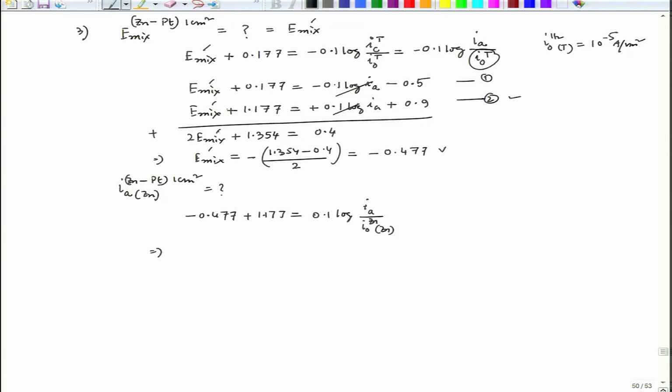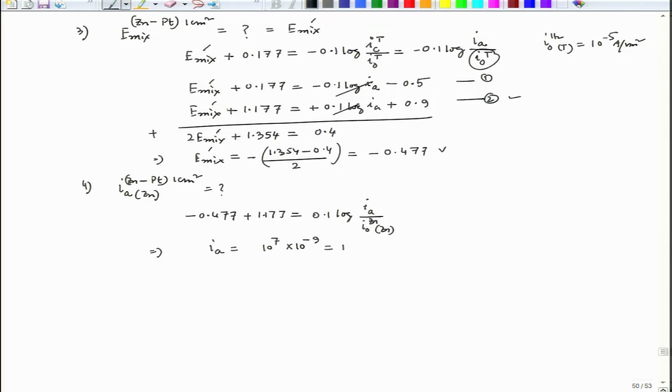So if we solve this, we will get IA would be equal to 10 to the power 7 into 10 to the power minus 9.